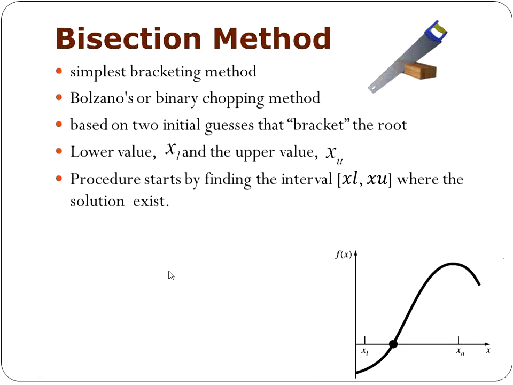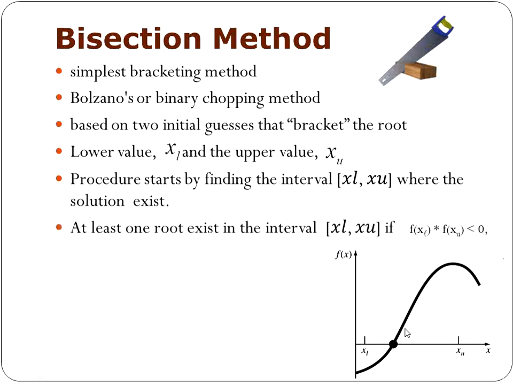Suppose you are plotting this function and your actual answer lies here at this black spot. Then your guesses, xl and xu, should be one on the right side and one on the left side of this final root. If not, your answer may diverge.